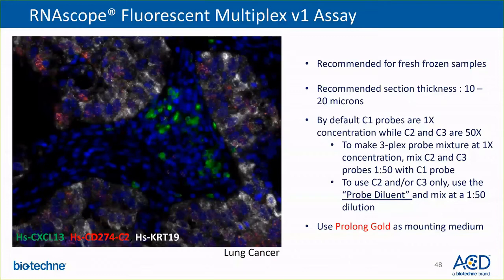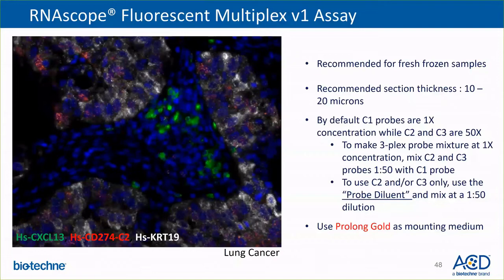For the fluorescent version 1 assay, we recommend using fresh frozen samples. We recommend that the section thickness is 10 to 20 microns. Thicker sections tend to detach easily and may require optimization of tissue permeabilization. The C1 probe is ready to use, whereas the C2 and C3 probes are in 50x concentrated form.